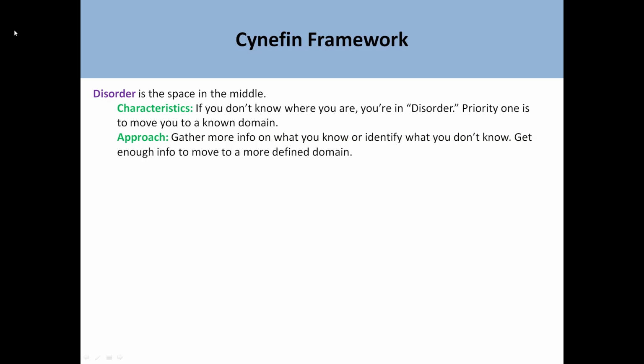This is the situation in which you don't know the situation, and you will try to get the information and the knowledge so that you can reach a point where you can take a decision. So this is the last domain, which is called the disorder approach.